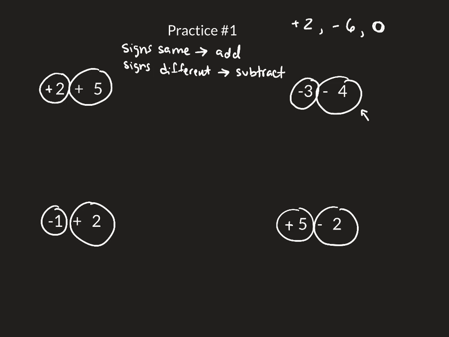So 5 plus 2 is going to be, so 2 and 5 have the same sign, so you're going to add it. It's going to be a 7. And the 7 is going to get the same sign that those numbers have. Okay? For the next few problems that I haven't solved, go ahead and see if you can solve them in your math notebook quickly, and I'll check back with you in a minute. Give it a shot.